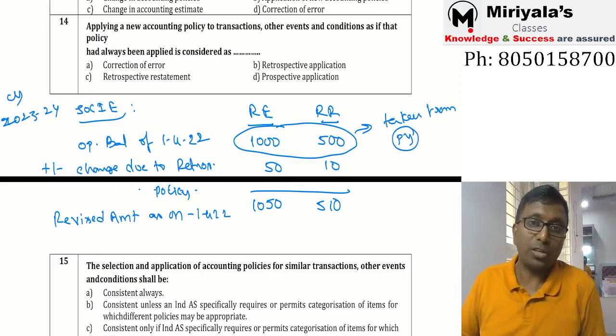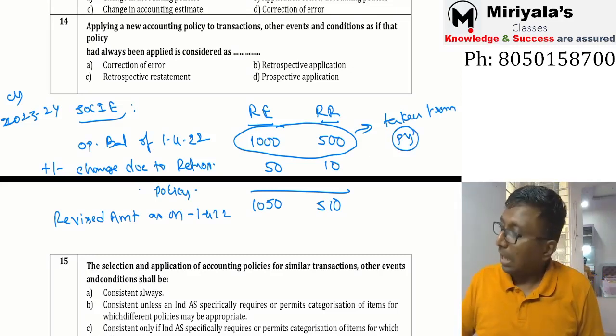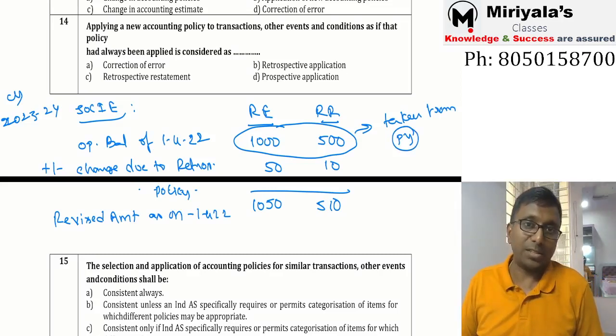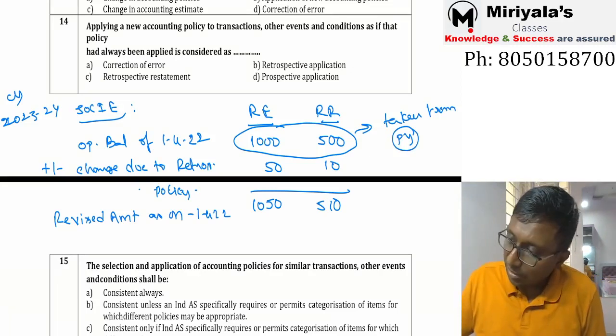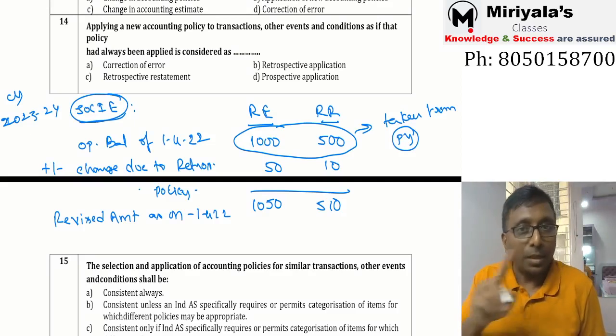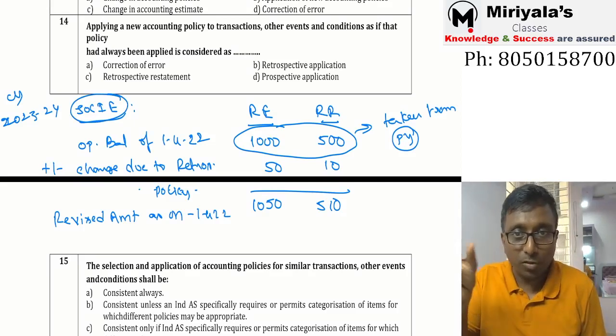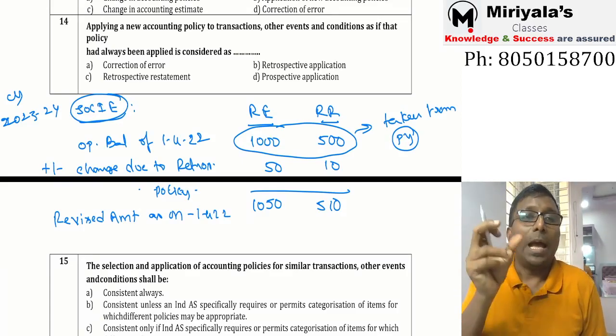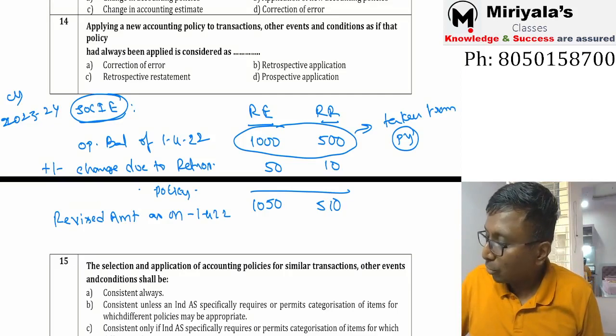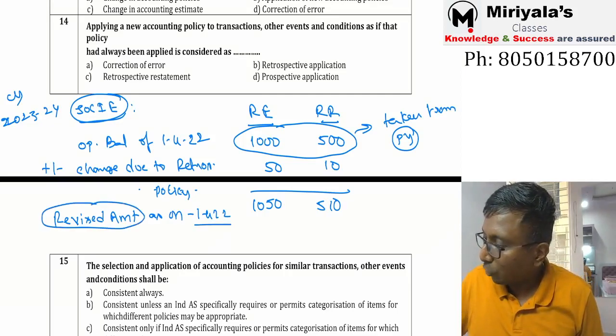Yes, in 2022 you must have given some numbers. Our numbers you are supposed to take as they are. Then you have to disclose it in the SOCIE, the statement of changes in equity, with plus or minus changes due to retrospective application of accounting policy, giving the effect. Then you say this is the revised amount as on 1/4/22.